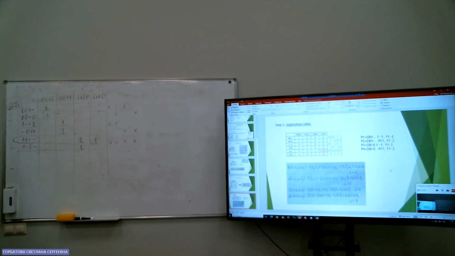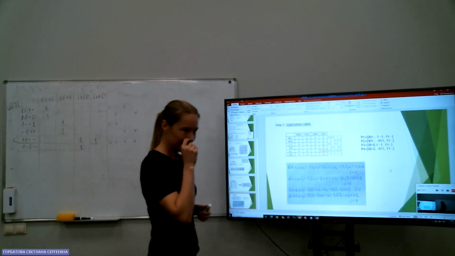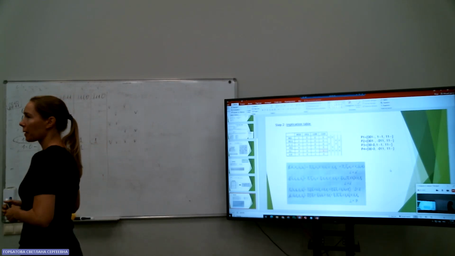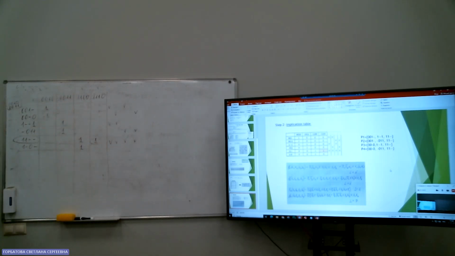Is everything clear or is everything difficult? Just too complicated to just minimize a Boolean function. We need to go through all of that. You mean this example is complicated?